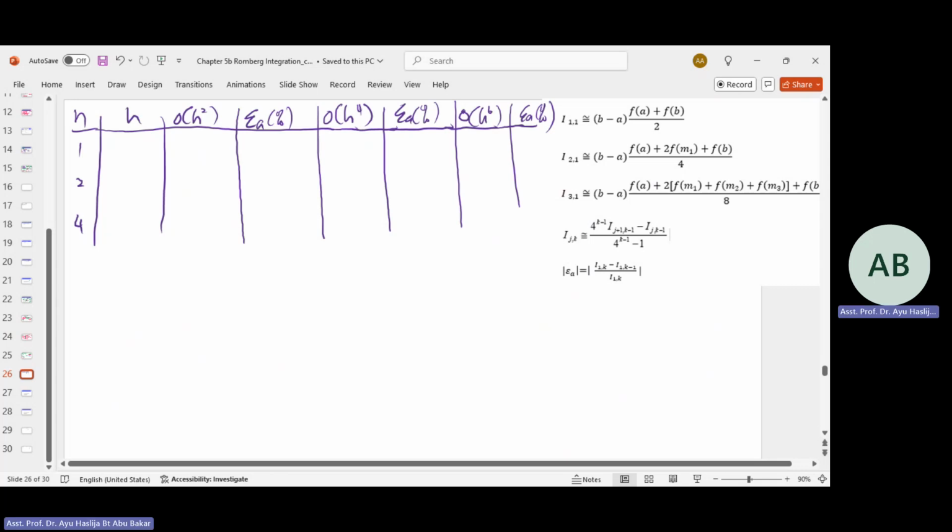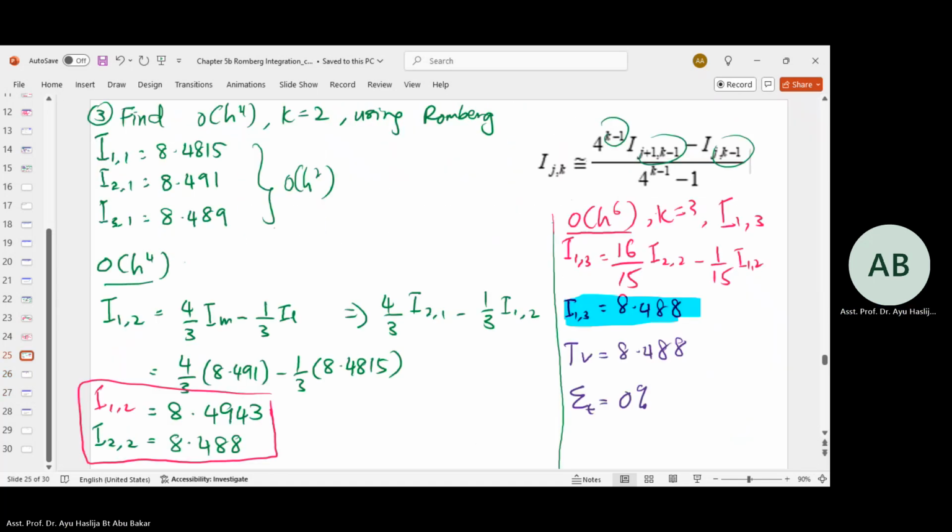Okay, Romberg, we go sideways. Always practice up to level 3. O(H^6). Okay.